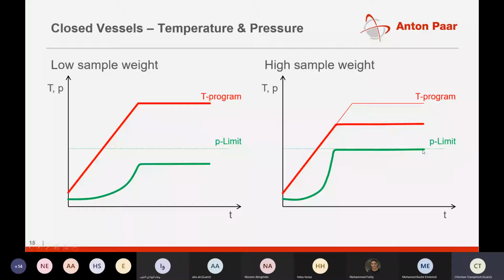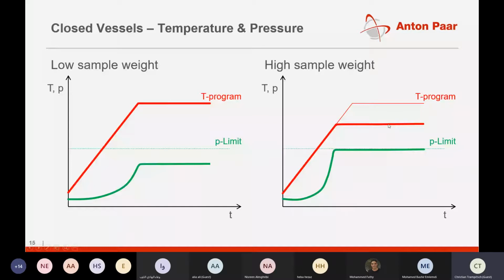But as a consequence, we are not able to heat further. So the digestion will run at a temperature below the desired target temperature. And this means that maybe the digestion will not work, or the digestion quality will not be as good as we expected. So that means we always have to find a compromise regarding the sample weight.